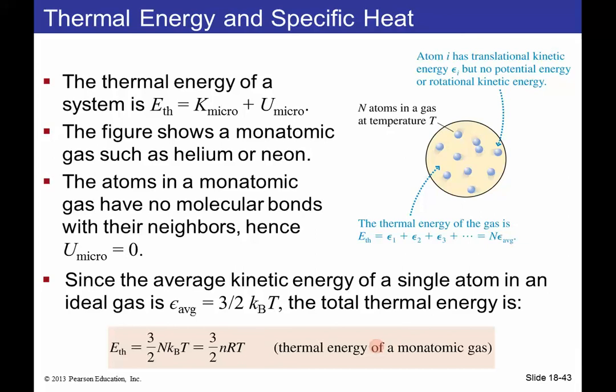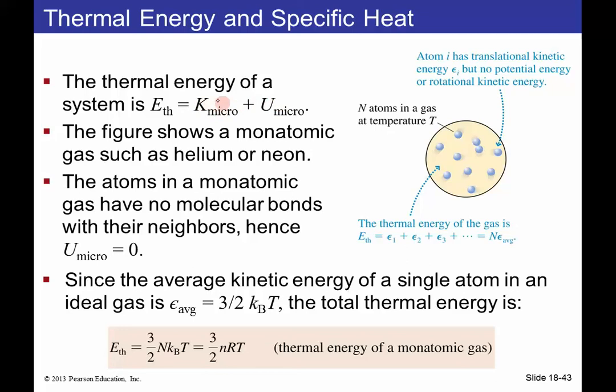Okay, so now let's look at the thermal energy of a system and try to understand this quantity better. In general, the energy of any system is the kinetic energy plus the potential energy. For ideal gases, the ones that we are studying here, and a monoatomic gas as this one here, the potential energy would be zero because these particles don't attract or repel each other, so there's no potential energy.